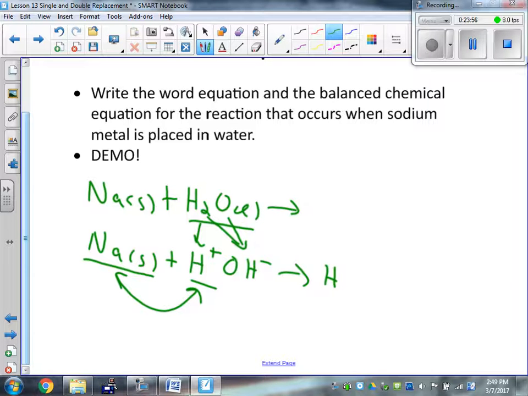H is a molecular element, and it's a gas. So you'll get hydrogen gas that comes out. The sodium will combine itself with the hydroxide, 1 plus, 1 minus, like so. Okay. And you would get a very basic solution. That one's tricky, but that's actually what takes place there.